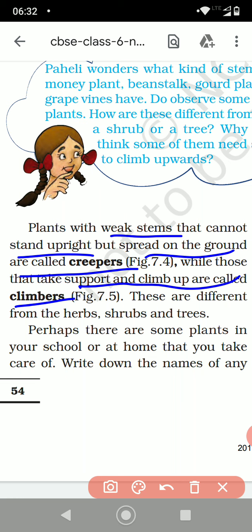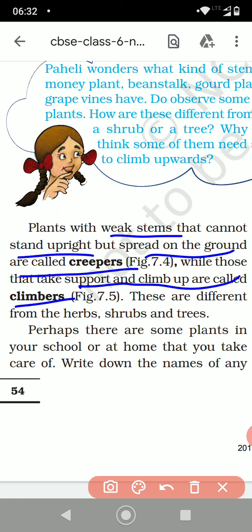Those that, even with the help of support, cannot climb up, meaning their stems are very very weak, are called creepers, right? So creepers are made to creep on the ground because the stems are very weak. But the climbers' stems are strong enough to climb up with the help of a support.